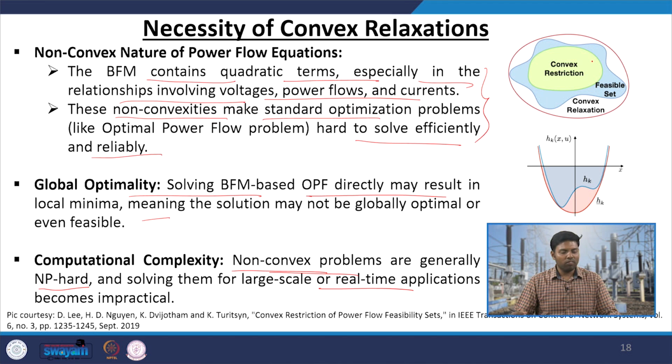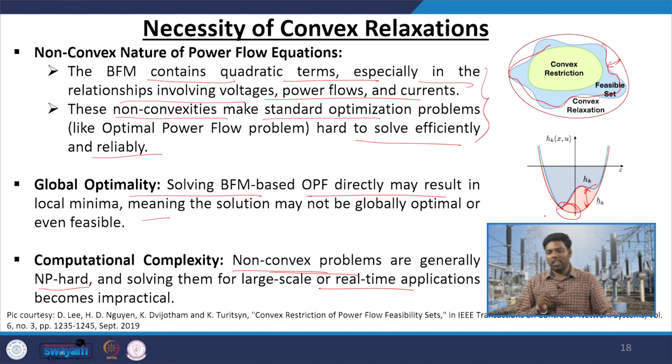What do we do for convex relaxation? Let us say this is your feasible state, we relax it with certain values. Okay. That means, this is your actual curve, this is the extra amount we take as a relaxation, and we try to ensure that the global solution will come very close to the actual solution.